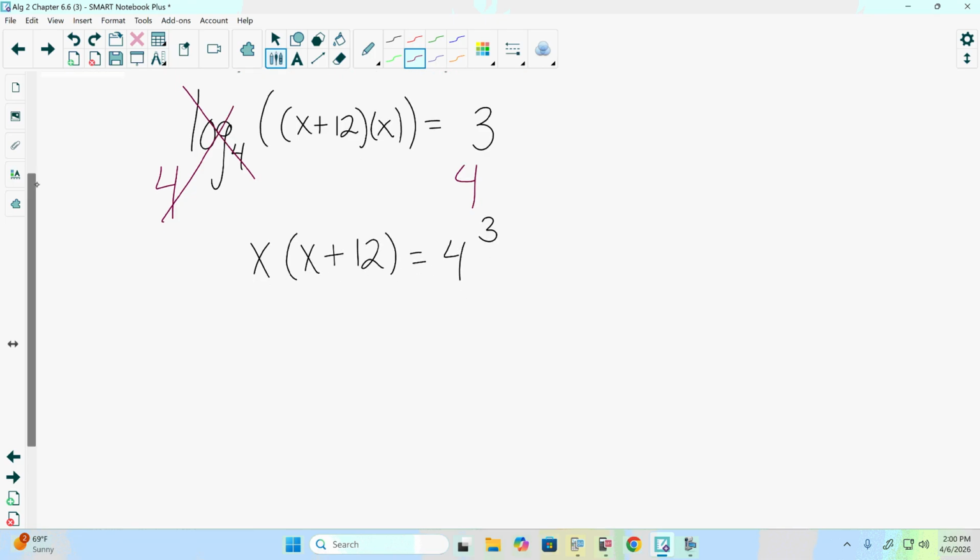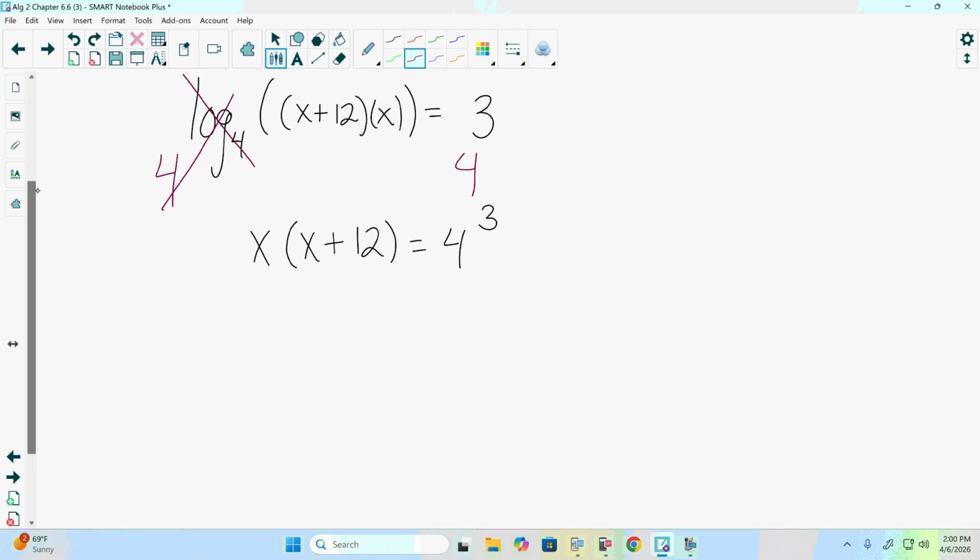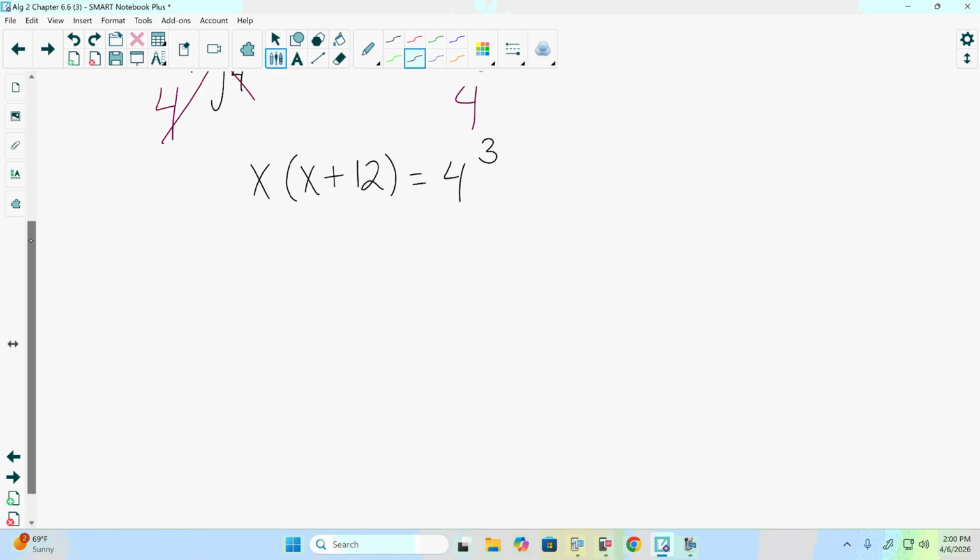I like it better having that monomial term, that single x out front, not after. We could have left it as x plus 12 times x, would have given us the exact same thing. Questions on how we got to x times x plus 12 equals 4 to the 3rd?